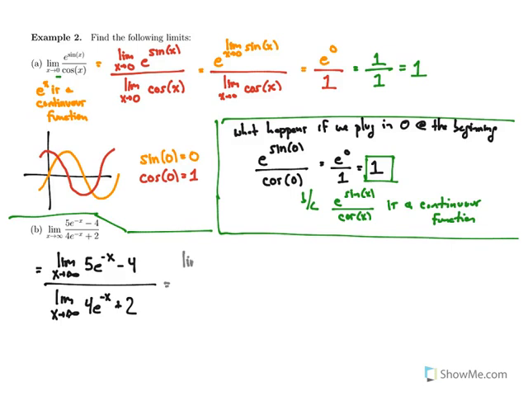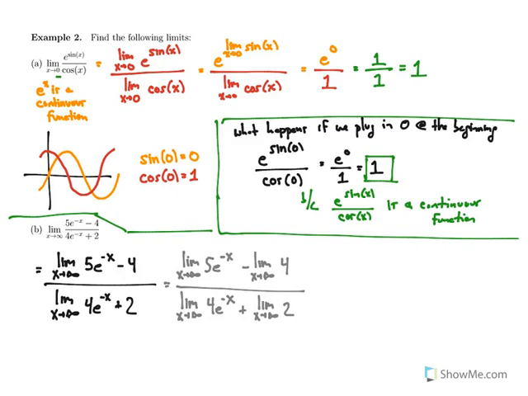This is going to be the limit of 5e to the negative x minus the limit as x approaches infinity of 4, over the limit of 4e to the negative x plus the limit of 2.